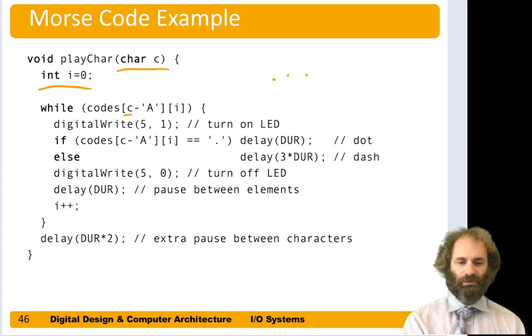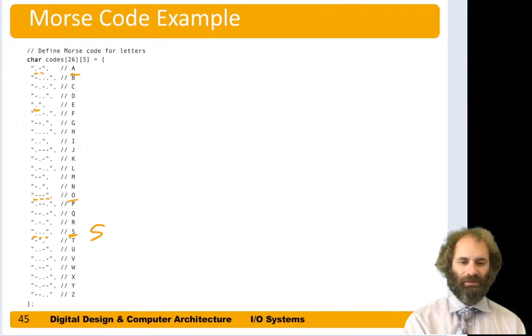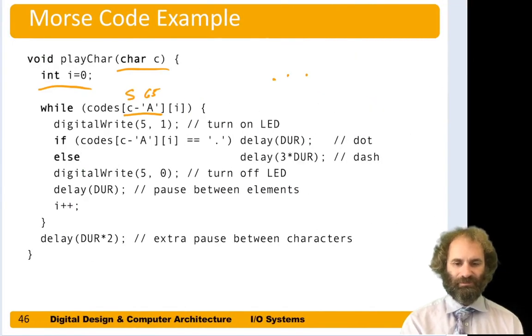So codes of C minus A, if C was S and A is ASCII code 65, this gives us the appropriate element of the array. A would be element 0, B would be element 1, C would be element 2, and so forth up to S. And then we look at the ith character in there. So we have 3 dots, and then remember a null, a 0, to indicate the end of a string, because our strings are null terminated in C.